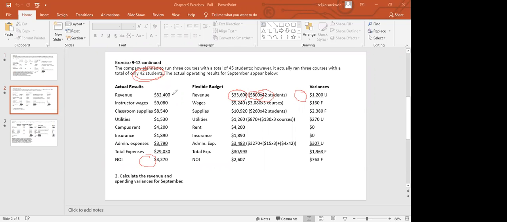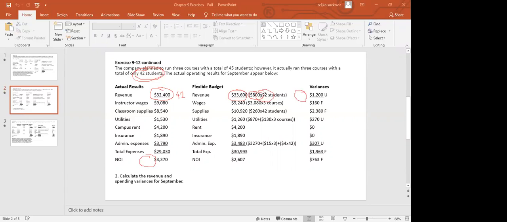But the actual result, and how many students are in this actual result? How many students are here? 42. Very good, 42 students. It's the actual result, right? This is what actually happened. So see what we did with flexible budget, we brought everything to the same level.